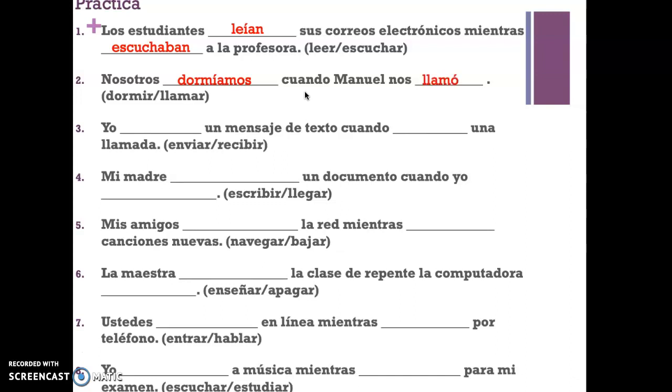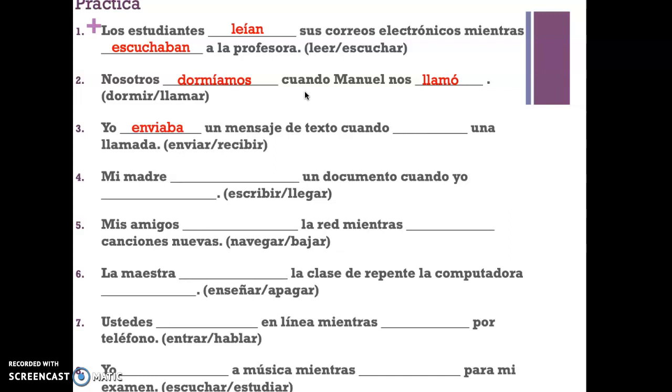Try number 3. Look for the word cuando. Number 3. Yo enviaba un mensaje de texto. I was sending a text message. I was in the process of doing it. It was an ongoing event. You can hear that by hearing sending, ing, a text message.